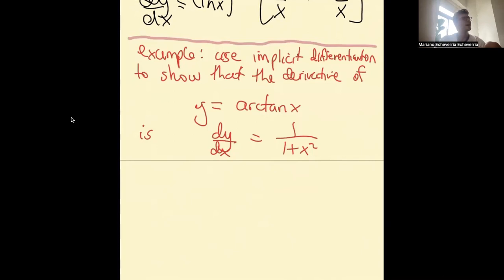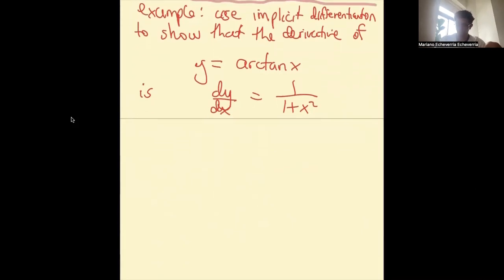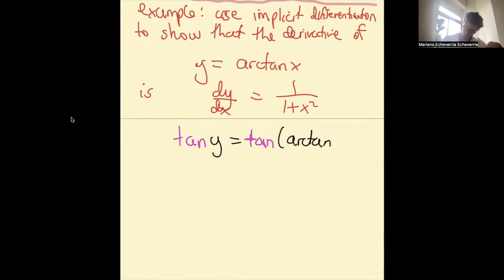So what was the arctan? Arctangent was the inverse of tangent, right? So if arctangent is the inverse of tangent, what you can do is take tangent on both sides of the equation. And so, okay, good.